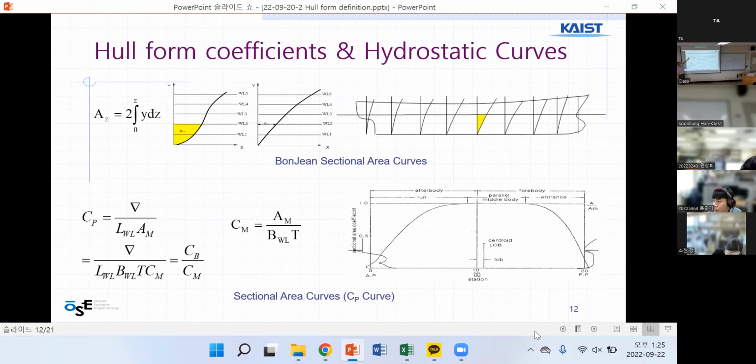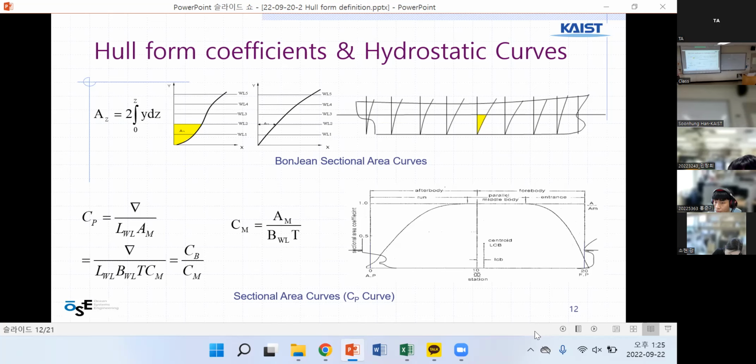So area integration, integration of this area. Integration in Simpson's rule is easy. But how do you do that yourself by pen? You know the meaning, but by pencil it's not easy.